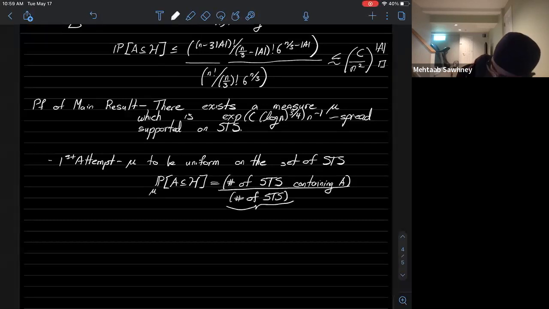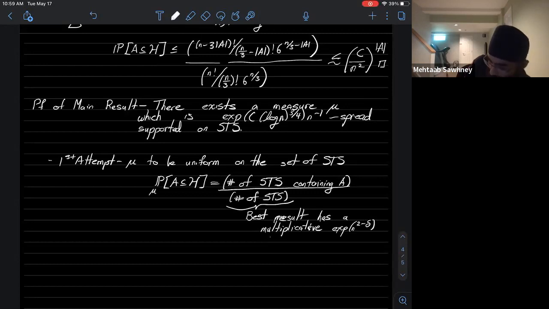And even for the denominator, the best result has a multiplicative exp of n squared minus delta factor.